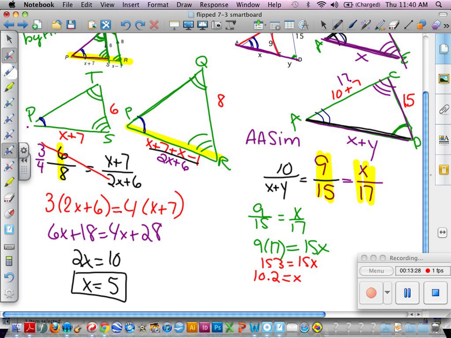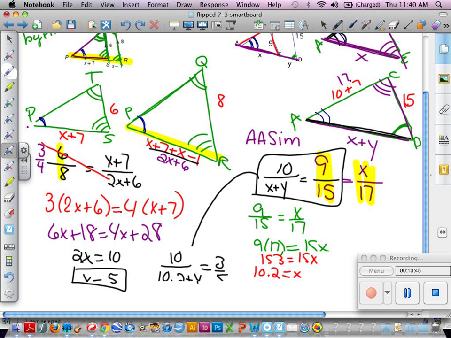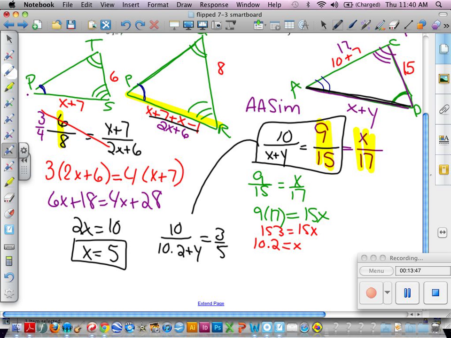And now I'm going to take these two. 10 over x plus y, I'm going to plug in x, 10.2 plus y. Hey, I can reduce that 9 over 15. I should have done that earlier. That gives me 3/5. Go ahead and cross multiply. It gives me 50 equals 3 times 10.2 plus y.